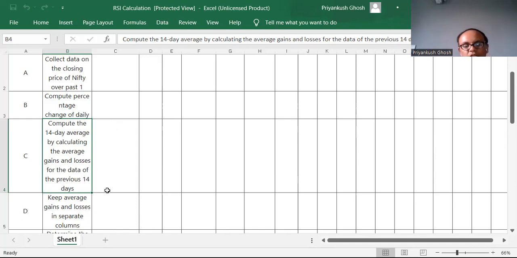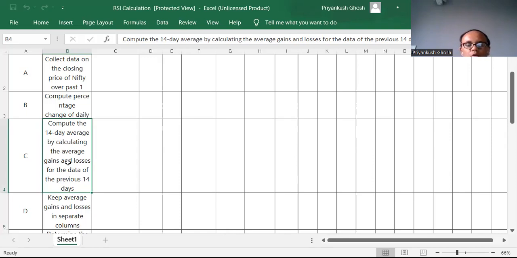I will see what are the days when Nifty ended in green, that is higher than the previous day, and what are the days when Nifty ended in red, that is lower than the previous day. Then I will calculate the average. Say, for example, in the last 14 days, 7 days Nifty closed down and 7 days Nifty closed up.